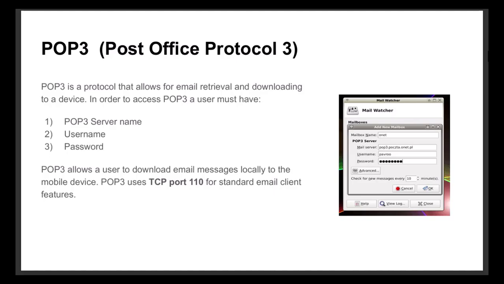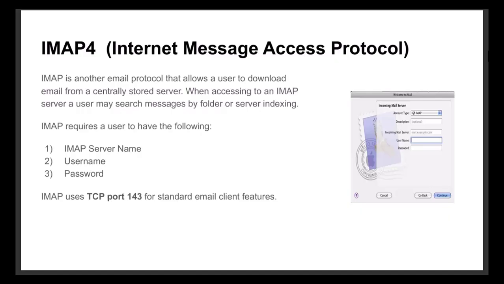Another type of email retrieval protocol is IMAP. IMAP stands for the Internet Message Access Protocol. There are several different versions of IMAP. The most recent is version 4. IMAP is another protocol that we use to retrieve emails that are stored on a central server.